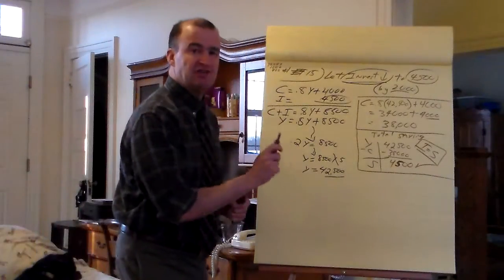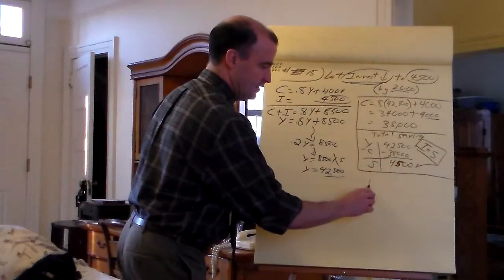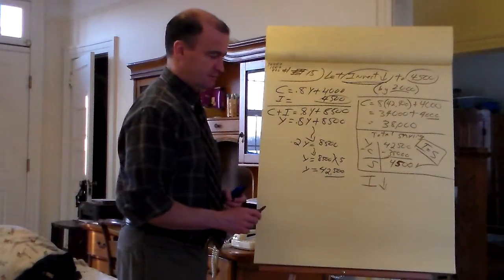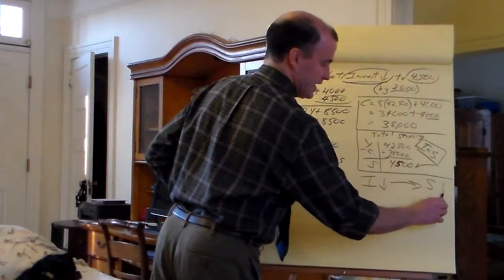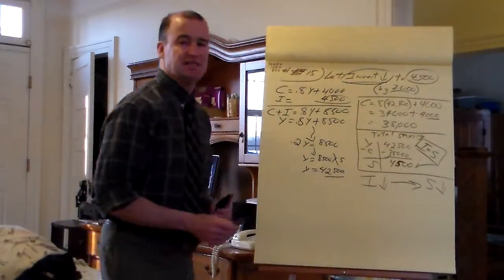And that shows a relationship in Keynes. This turns out to be a vital thing. In our math here, investment fell. And as a result, the saving fell. That's the relationship that Keynes sees.